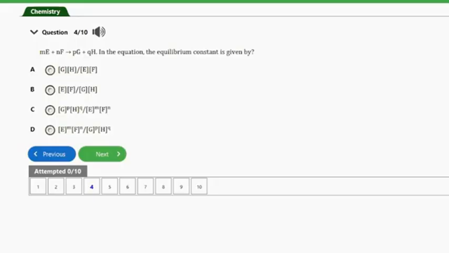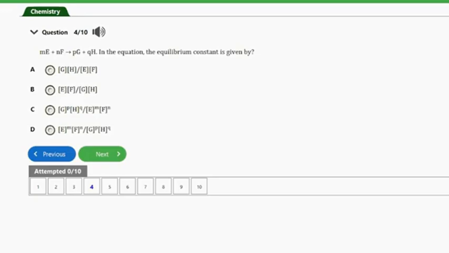In this equation, the equilibrium constant is given by A, concentration of G times concentration of H over concentration of E times concentration of F. B, concentration of E times concentration of F over concentration of G times concentration of H. C, concentration of G to the power of p times concentration of H to the power of q over concentration of E to the power of m times concentration of F to the power of n.